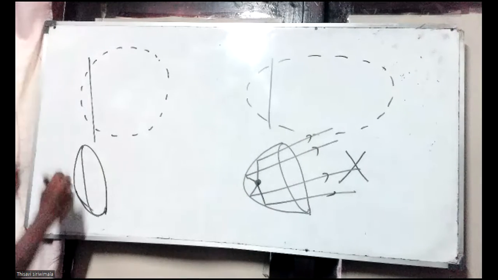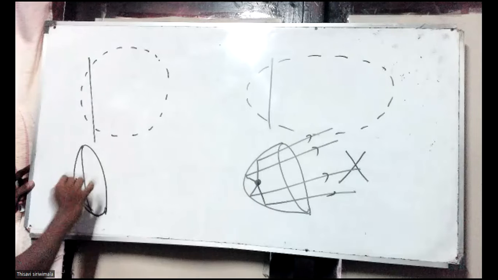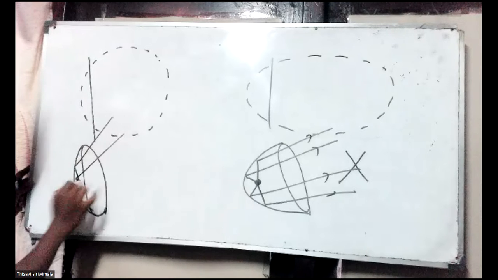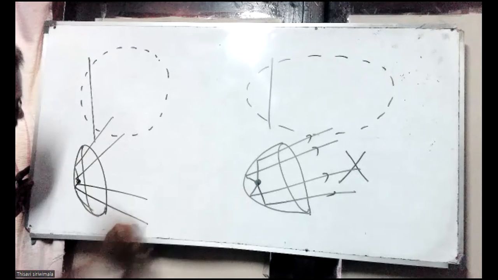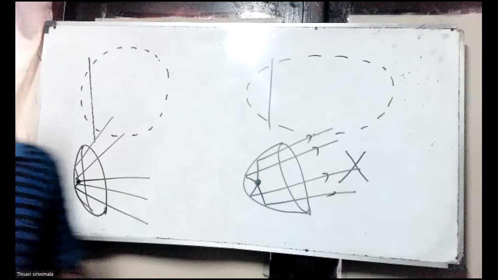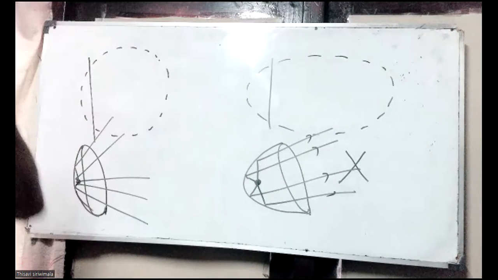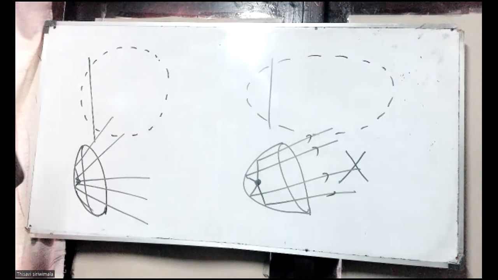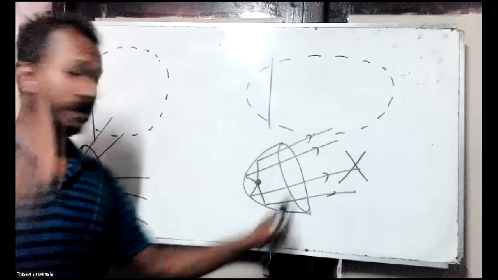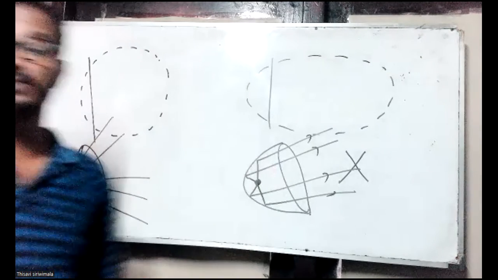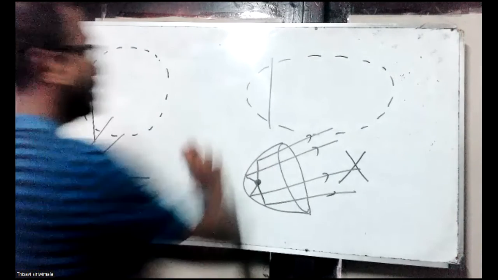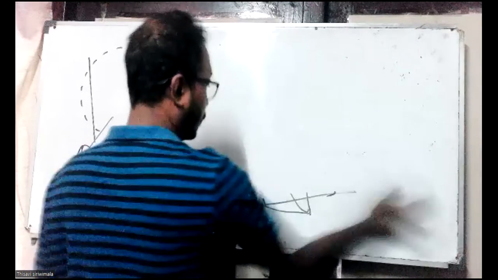When you keep the light here, you are not getting the parallel beam. So this is used to obtain a parallel beam, unless it is an LED bulb. Normal traditional bulbs use this type of mirror. Okay, just forget about this one.